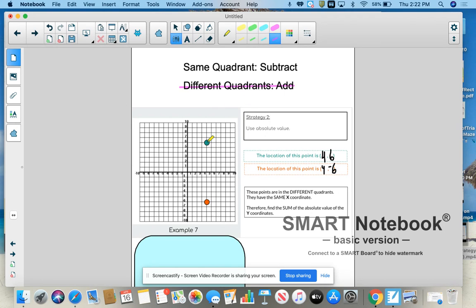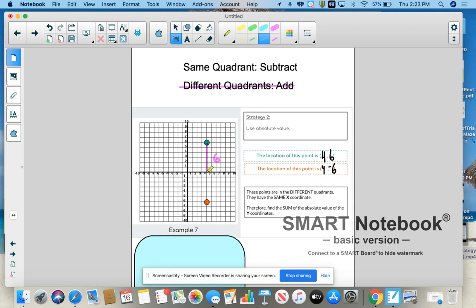When I measure the distance from this green point down to this orange point, we're actually traveling down. We're measuring how far it takes to get me to the axis. And if I count that out, I have 1, 2, 3, 4, 5, 6 jumps. And then I'm continuing past the axis.